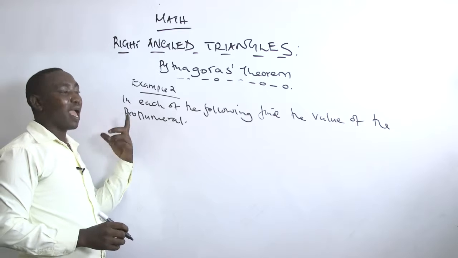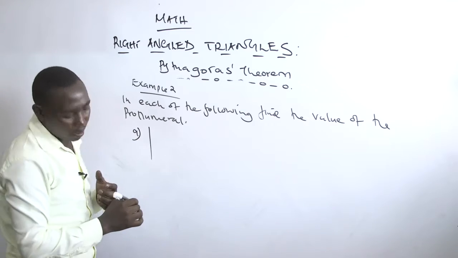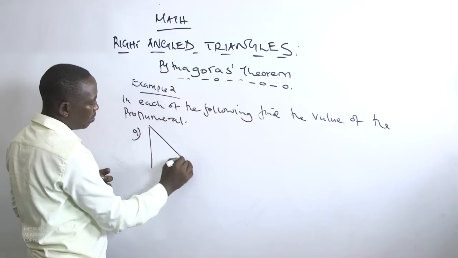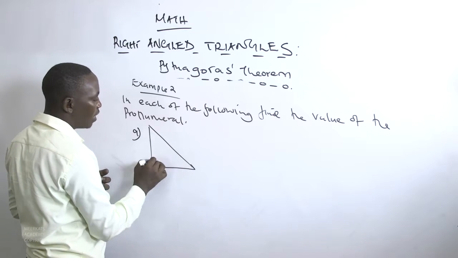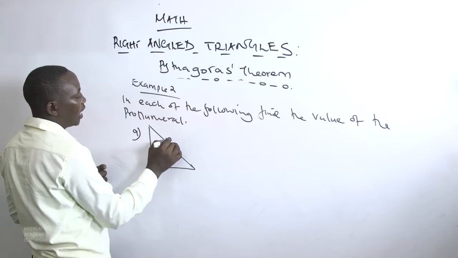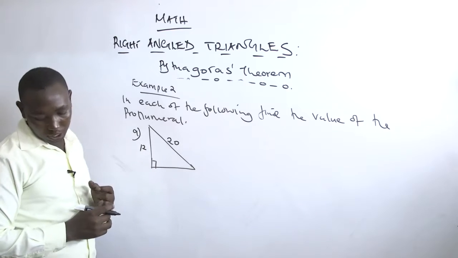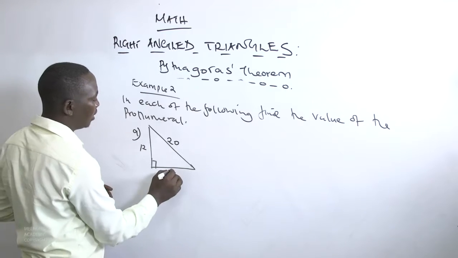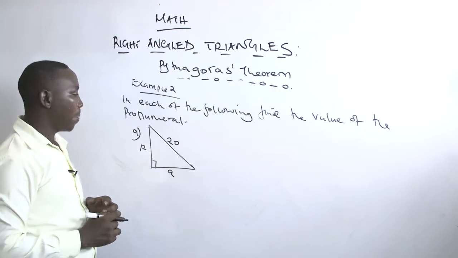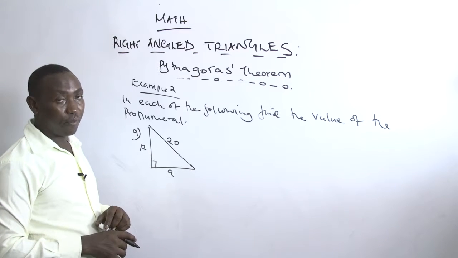Pronumeral simply means the unknown term or figure. We have that right angle triangle. You are told that the longer side is 20 units. The height is 12 units, and this other part is A. We need to find the value of A.